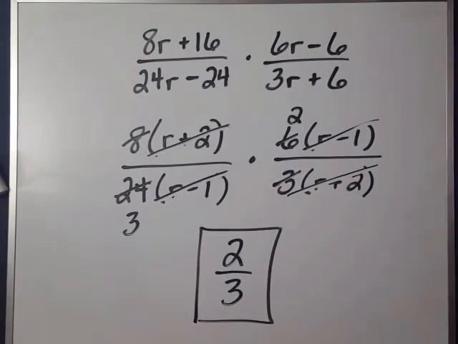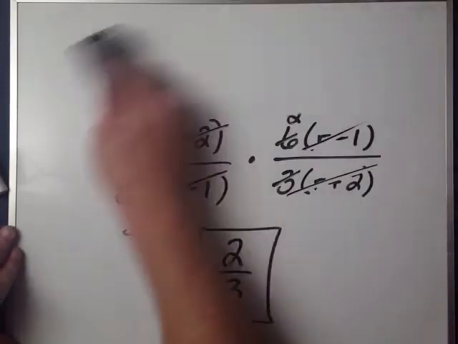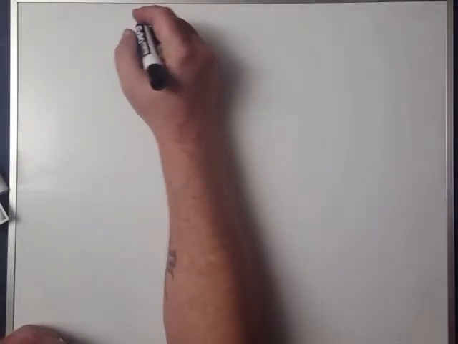Collect your survivors. If it's division, flip and multiply. Once you're under multiplication, get everything factored, cross cancel, collect survivors. Let's look at number 40.